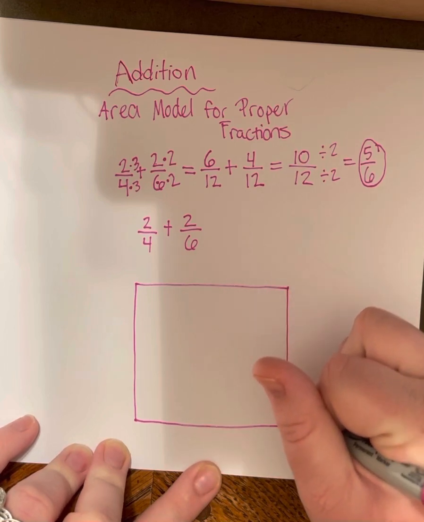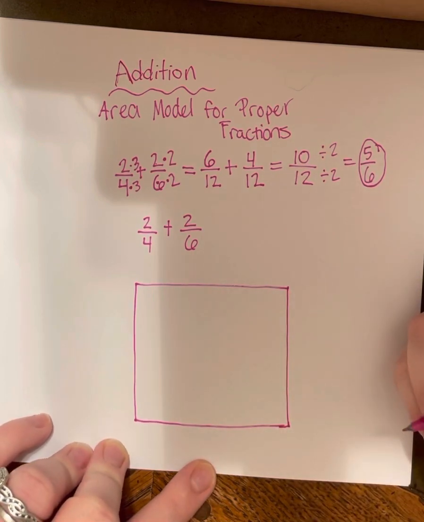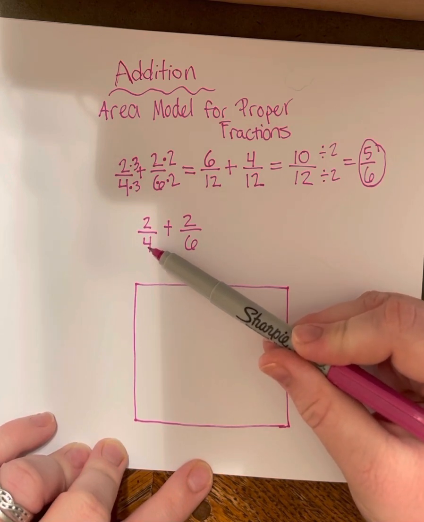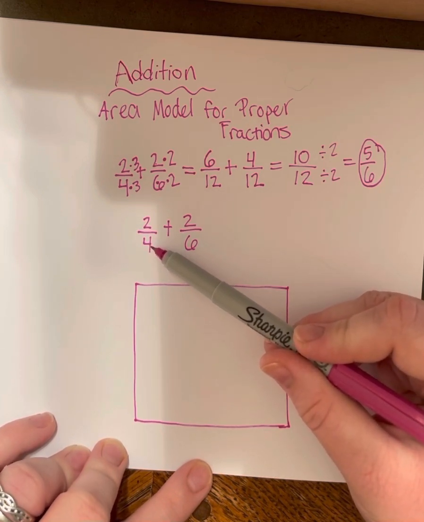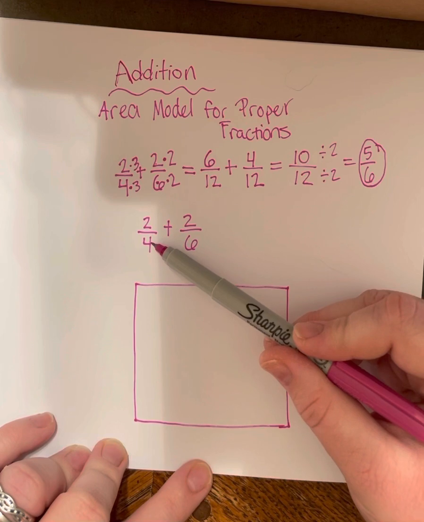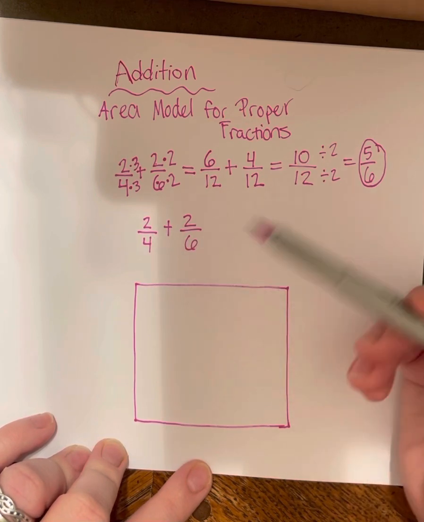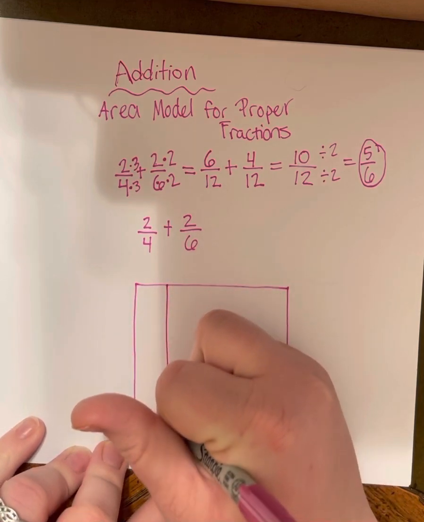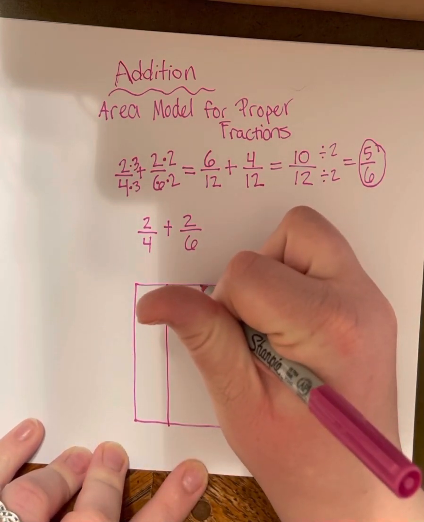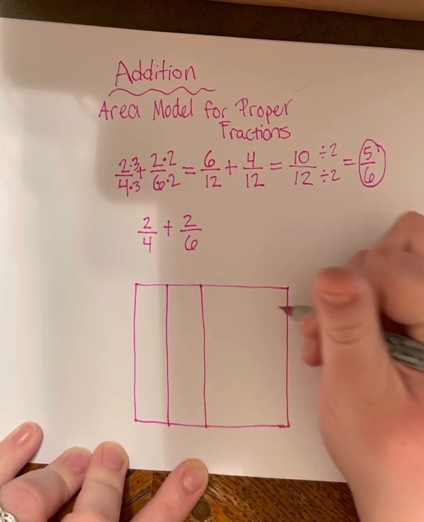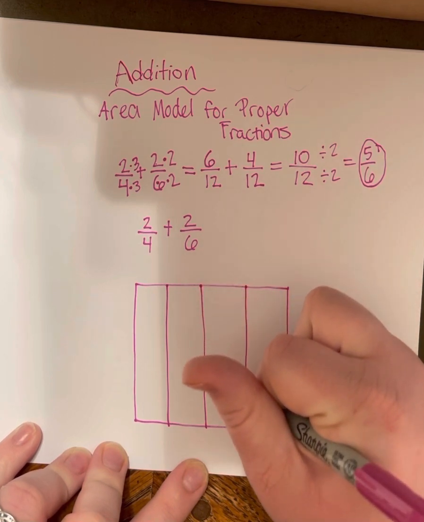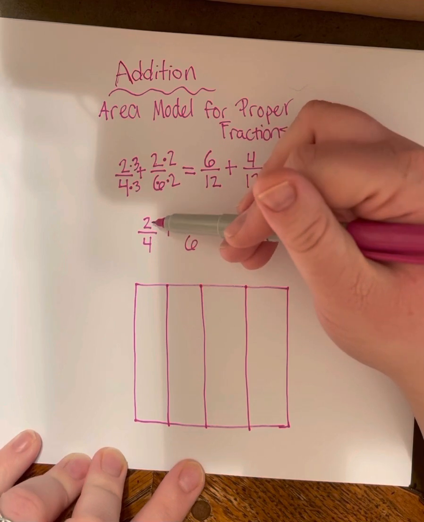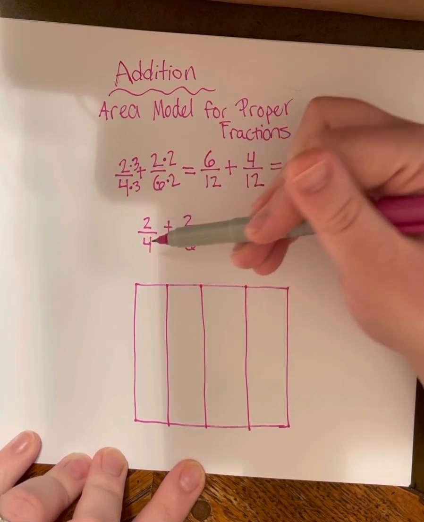All we have to do is draw our diagram. And we're going to see that the denominator of the first number is 4. So that tells us we need 4 columns in this diagram. So 1, 2, 3, 4. Okay, and then now we know that we have 2/4.